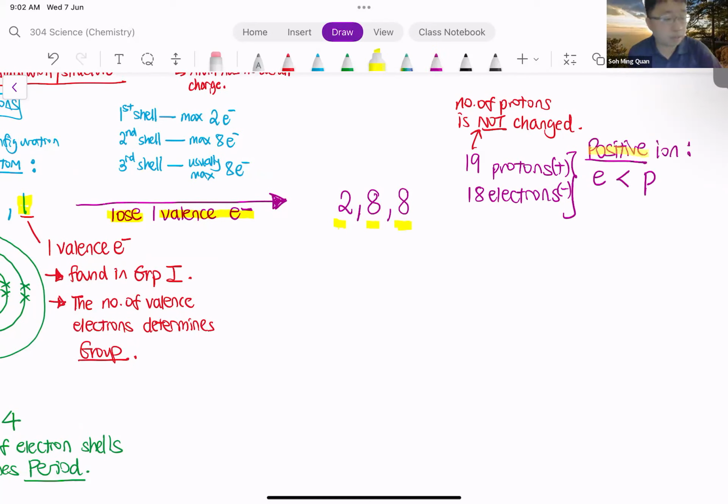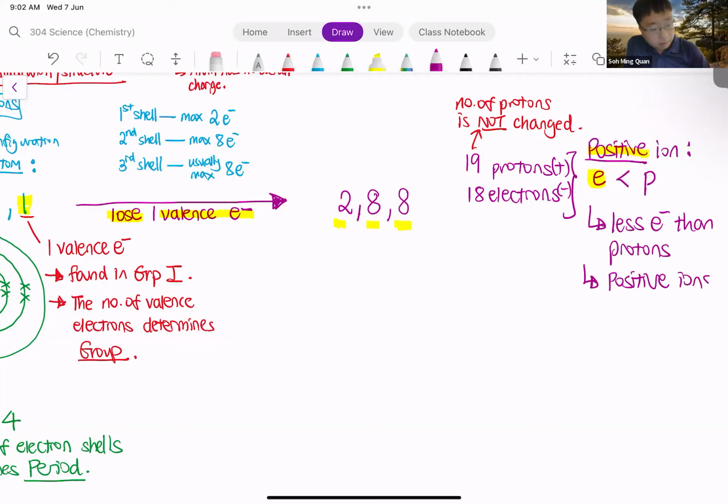Positive ions have fewer electrons than protons. Why? Because positive ions are formed by loss of electrons.